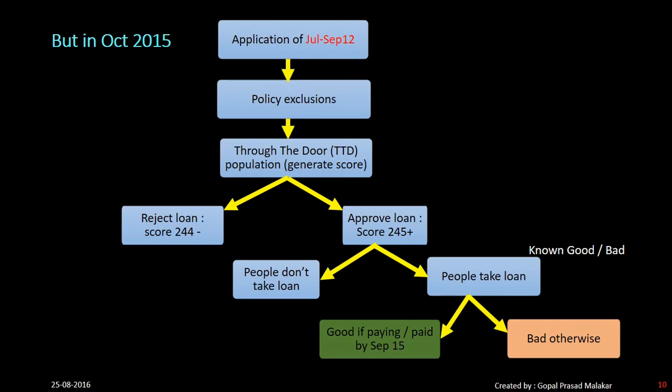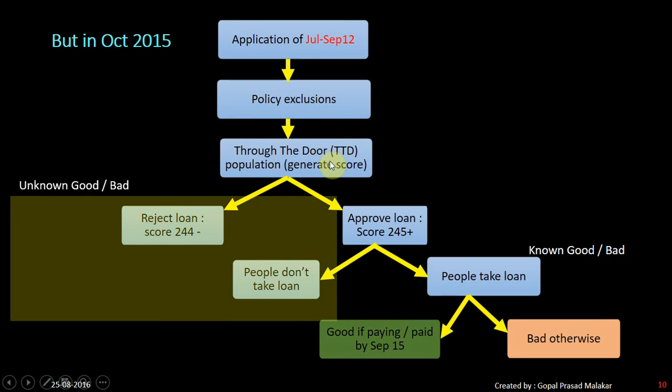But the problem is that you are supposed to apply the score here, and for this portion you have known good and bad, and for this portion you don't know how they would have performed. And mind you, the score is supposed to apply here. Here it is supposed to do the differentiation, and for this population only for part of them do you know good or bad. For the rest you have no idea whether they are good or bad.